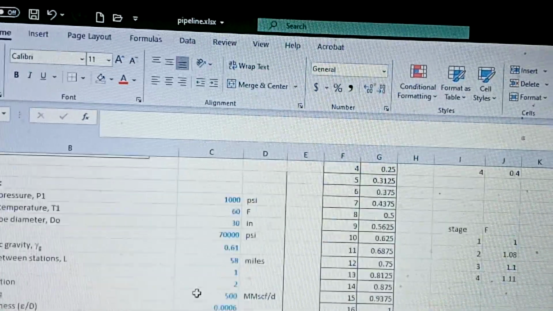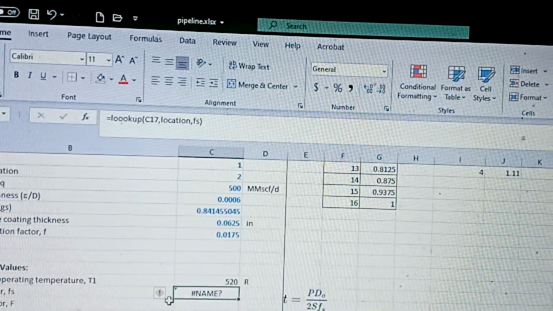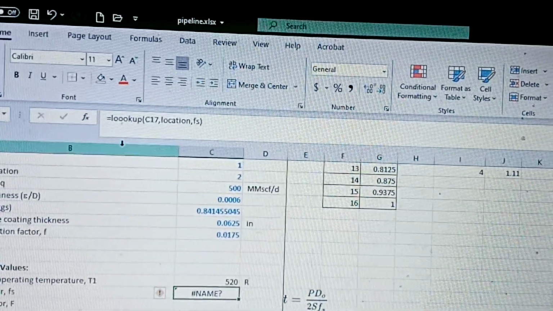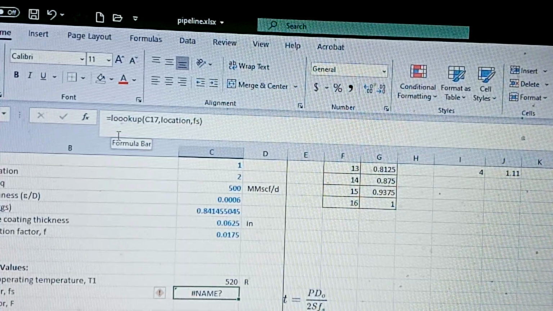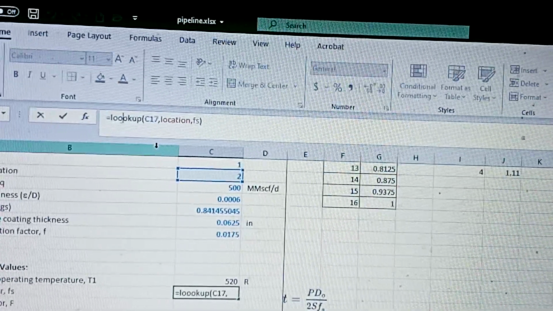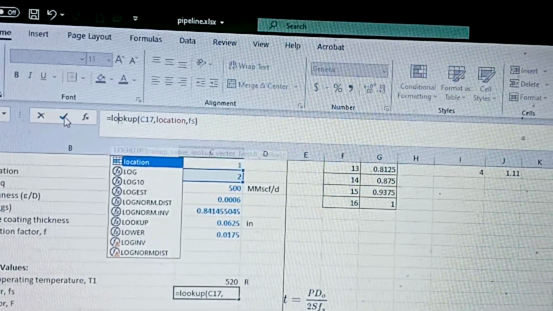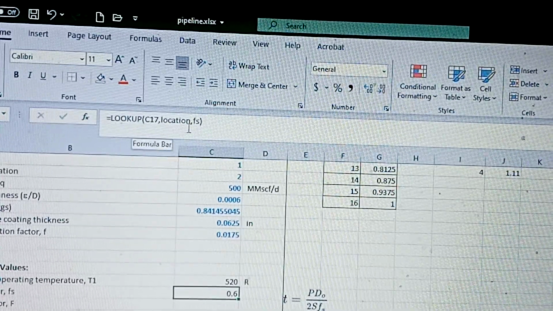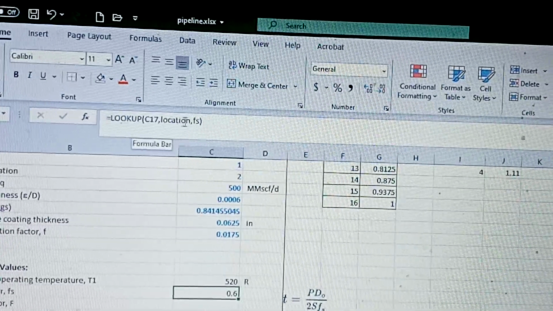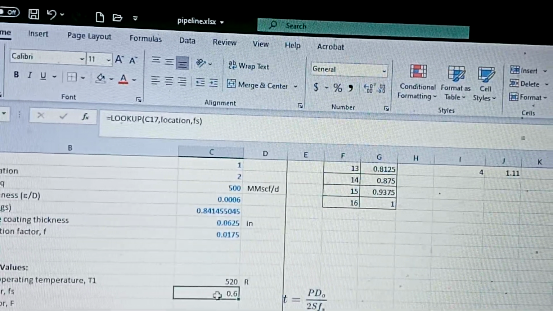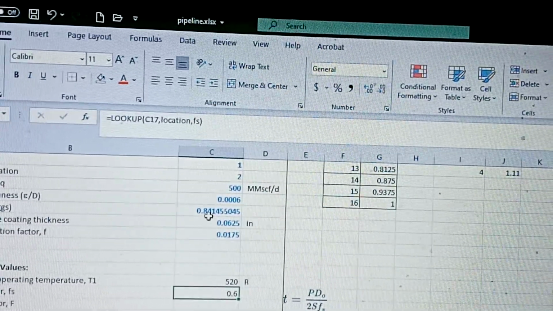So let me see again. Oh, it's my lookup. That's too many O's. Okay, lookup. Lookup C17, location, FS. It found 0.6 because it's location 2.